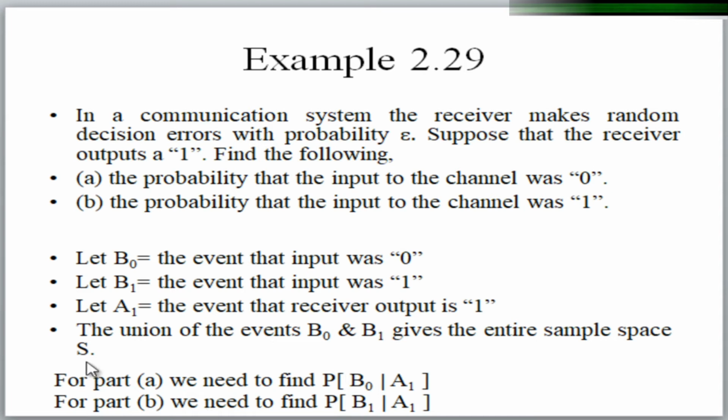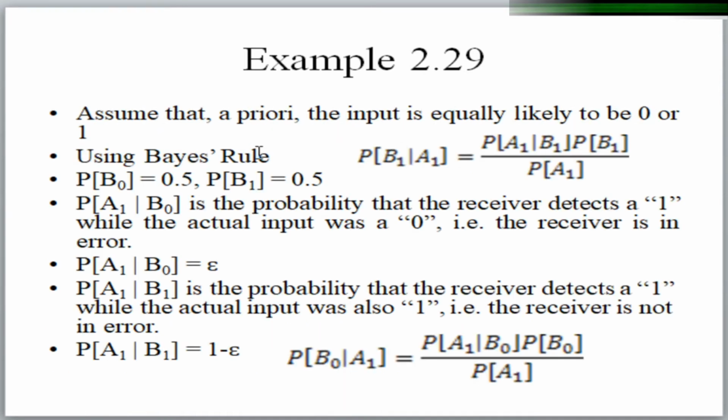We have seen some events here and some inputs here. So assume that a priori the input is equally likely to be 0 or 1. Initially it is equally likely that we can send 0 or 1, because this is like a coin toss. We can either get a head or tail.